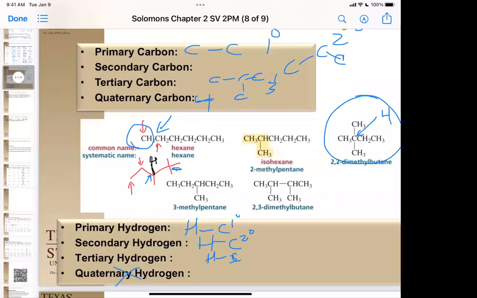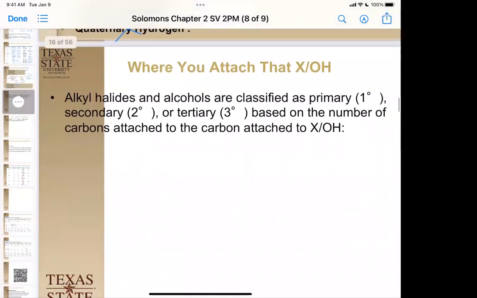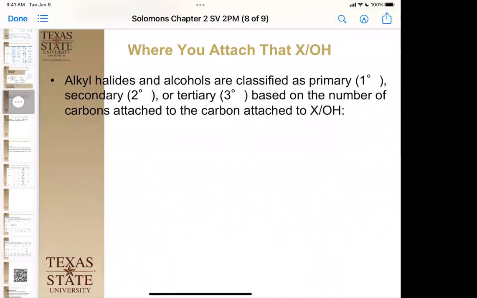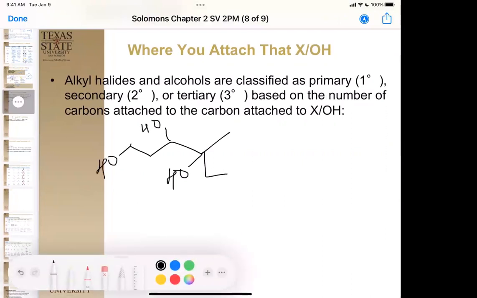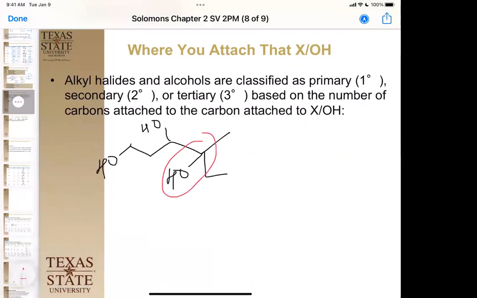Okay, so we follow that along when we have other groups attached to it too. So when we have an OH group attached to a carbon, we can say that that is a primary, secondary, or tertiary alcohol based on the carbon. So if we have this structure here, right here, what is this alcohol now?